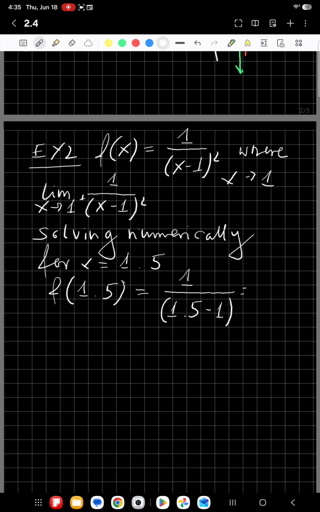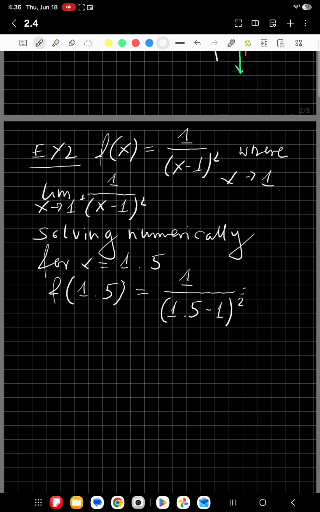Okay, so let's figure out what that is. You can just use the calculator. Oh, there's a square missing. So I need the square.